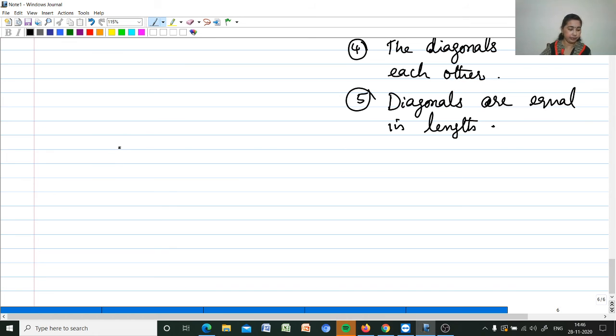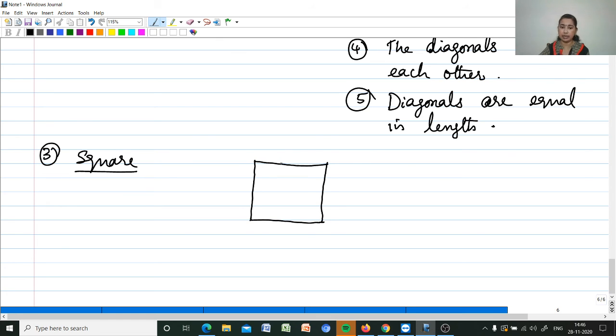Now the third one which we have to study is the square. What can you say about a square? A square is also a parallelogram, but all the sides are equal here. In the case of a square, all sides are equal.